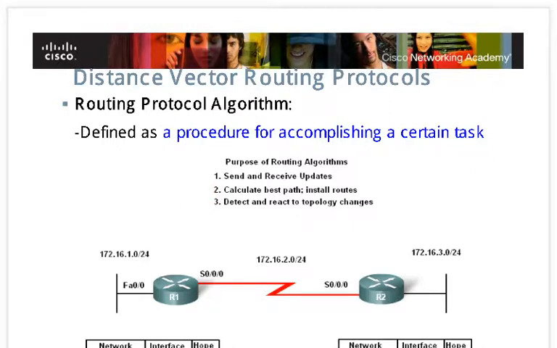The routing algorithm calculates the best path, which, as we said, is very simple. If the incoming information is better than what I have, then I will replace the information that I already have with the incoming information. It's very simple.